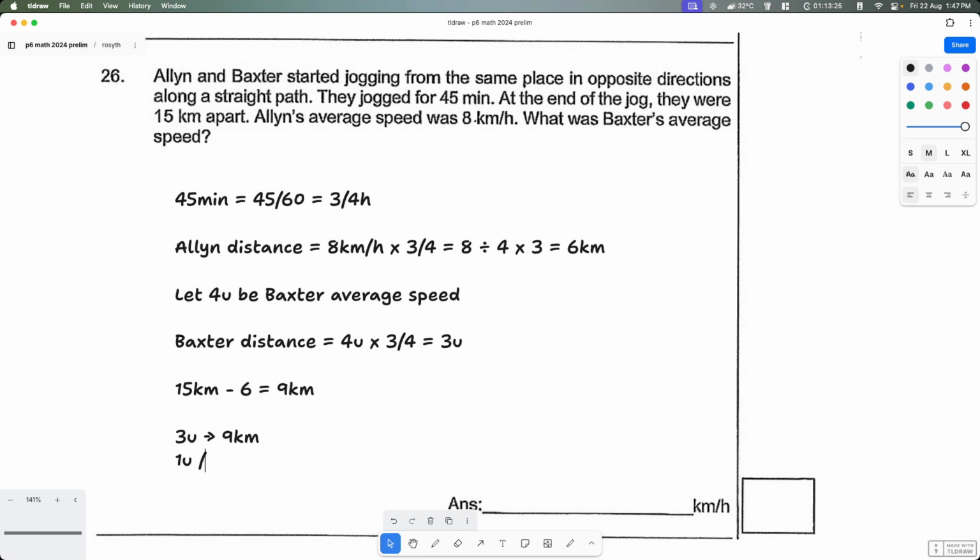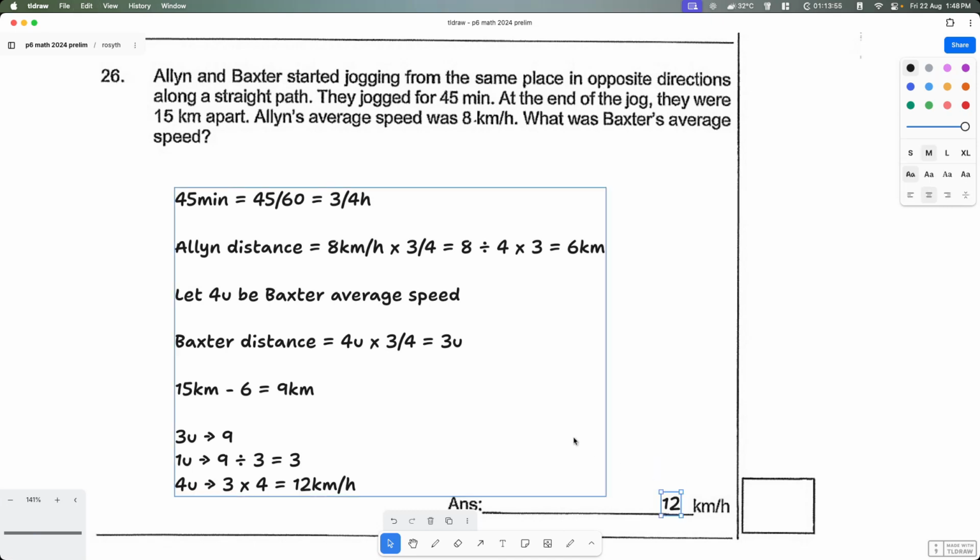So 1 unit is 9 divided by 3, which is 3. Then 4 units is equal to 3 times 4, which is equal to 12 km per hour. Yay, there we go. So that's the answer, 12 km per hour.